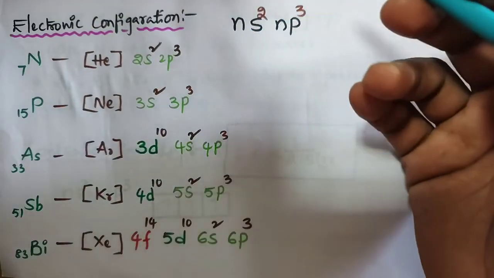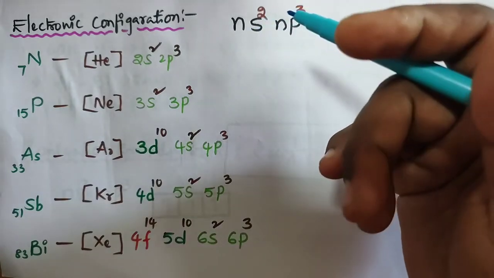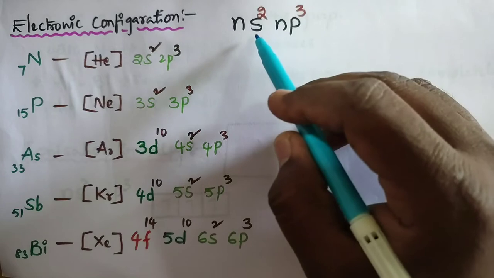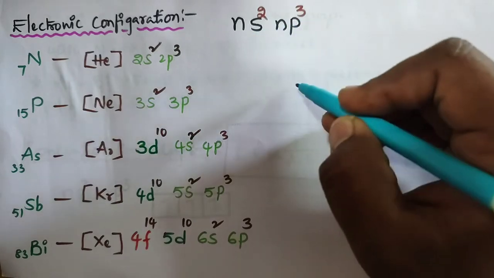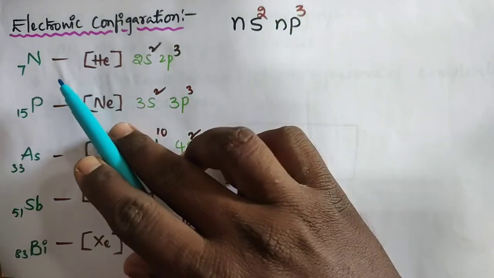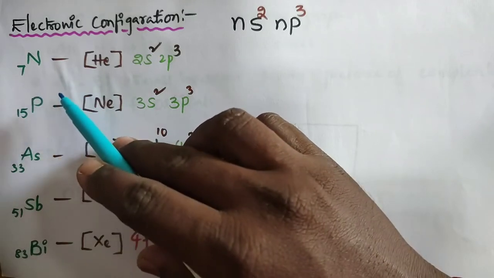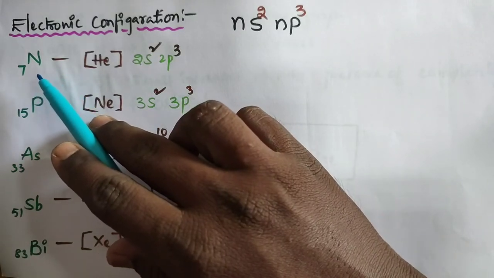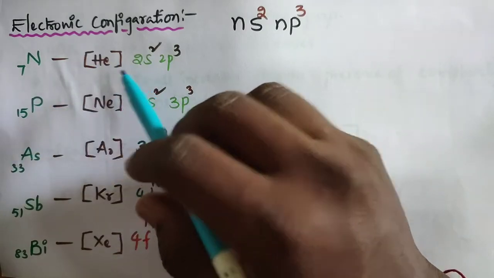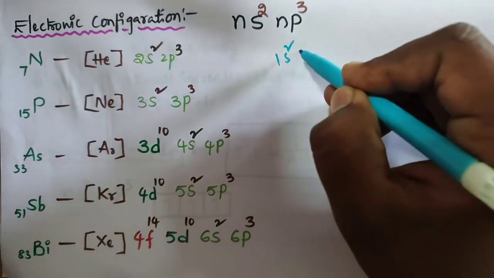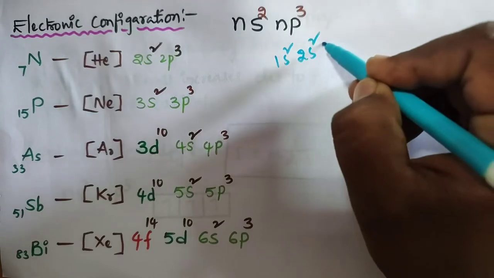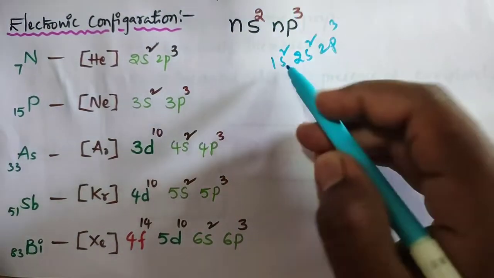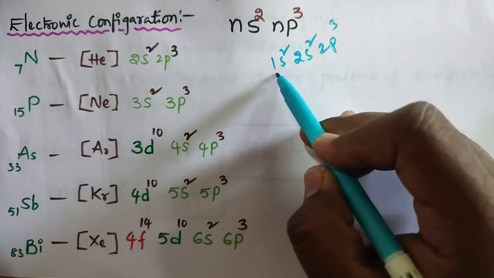What is the electron configuration, the distribution of electrons into the orbitals? The general electron configuration is ns2 np3. Nitrogen, atomic number 7, is 1s2, 2s2, 2p3. We can use helium, a noble gas, in place of 1s2.